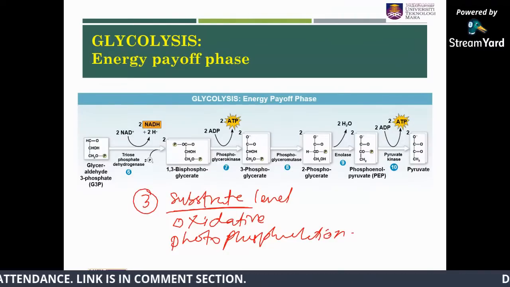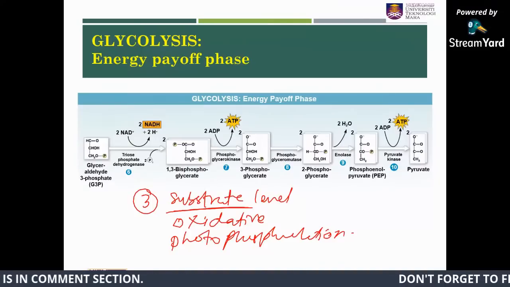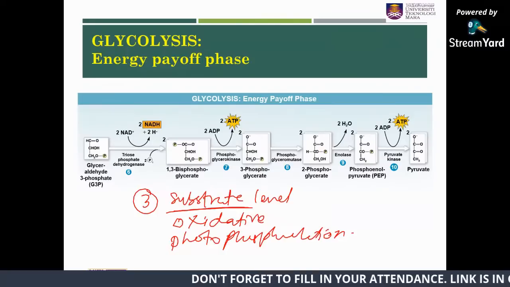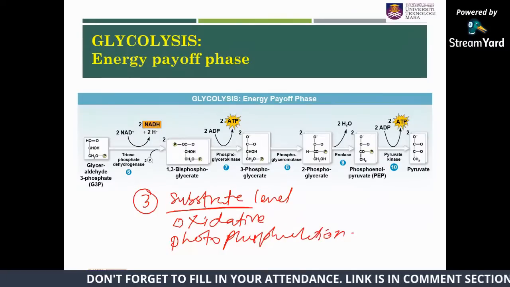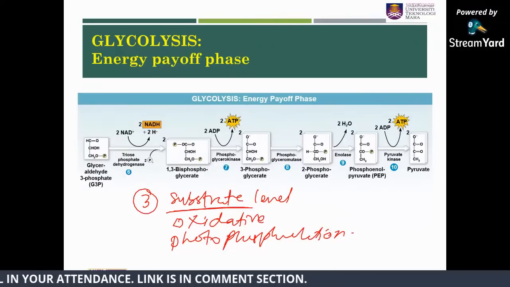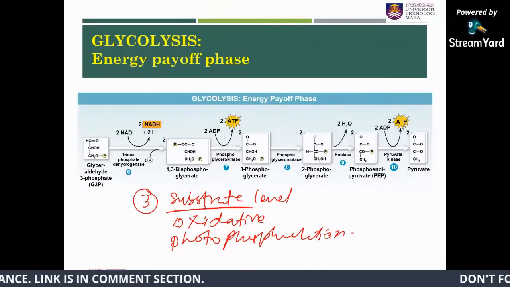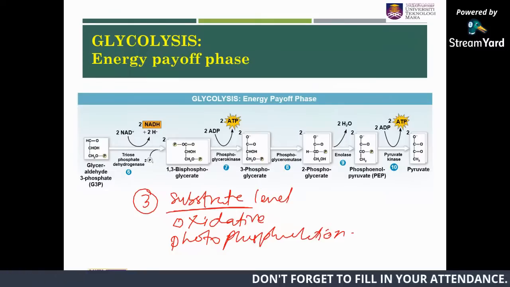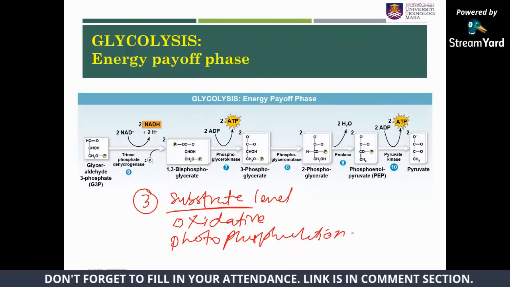Kalau oxidative phosphorylation ni yang you nampak tadi, you ada redox reaction that will result in electrochemical gradient of H plus, and then H plus diffuse into ATP synthase. So inorganic phosphate will be added to ADP, so it will form ATP.